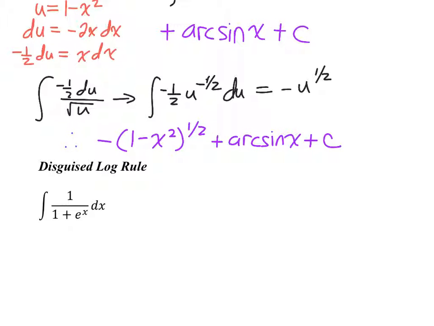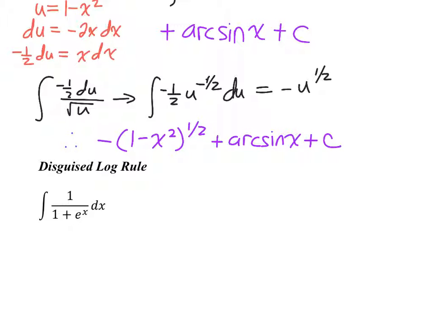So, a disguised log rule. That's interesting. I mean, the title is helpful in that it tells me that I'm going to be using a logarithm in my antiderivative process. But, I've said this a bunch of times today. When I'm using a log, I need the numerator to be the derivative of the denominator.